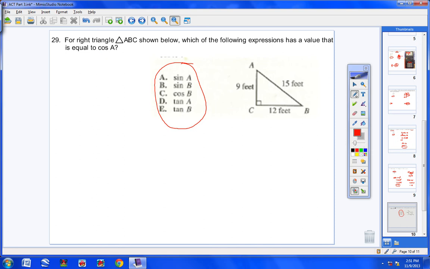Now, first of all, let me tell you what they're testing you on, okay? They want you to remember that sine of an angle is opposite over hypotenuse. Cosine of an angle is adjacent over hypotenuse, and tangent of an angle is opposite over adjacent, okay?